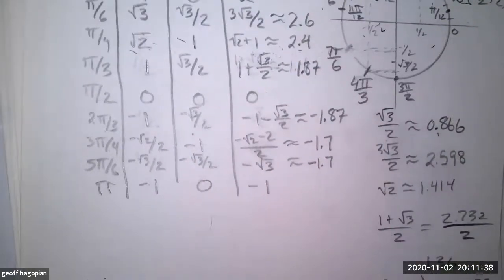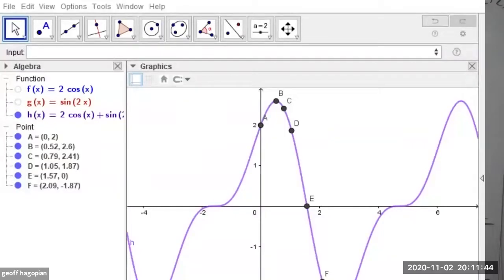Okay, so let's see if GeoGebra is verifying that. Oh, we're over time. Okay, so yeah, you see that this is negative 1.87. This is positive 1.87. So yeah, it's good to do things by hand, but the technology can definitely help you to verify that you're doing it right.